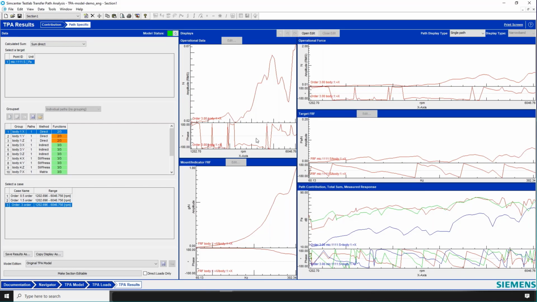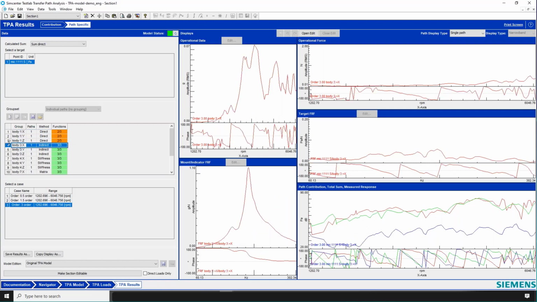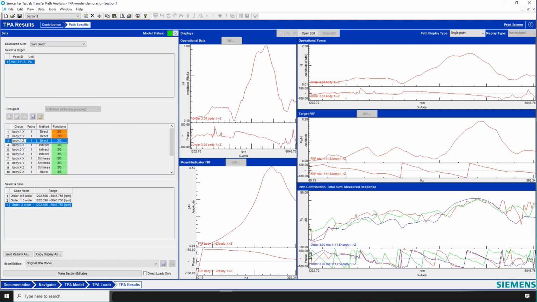And then in this case, I can say I see that they're both pretty low. Maybe that's why they work. If I look at some of the other paths like body 1Z, how does its total for this path compare? Looks like it is a major contributor in that RPM range there. Yeah, and relative to other paths, we want to know, you said to get some insight into whether it's the forces coming out of the source or it's the structure and its FRF, how sensitive it is.